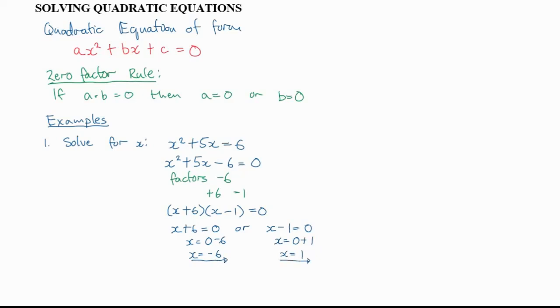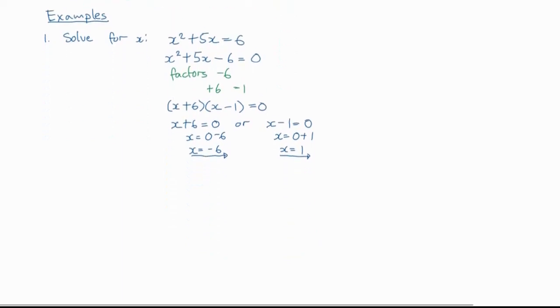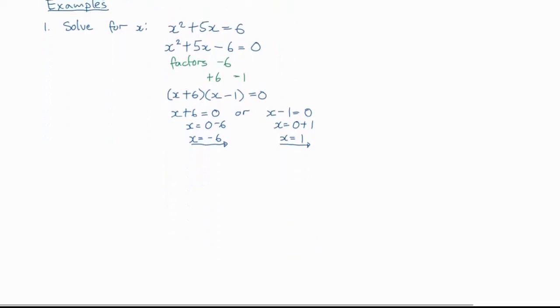Now let's also take another example, where we're going to solve for x in an equation that looks something like this: 2x squared plus 5x minus 3 is equal to 0.